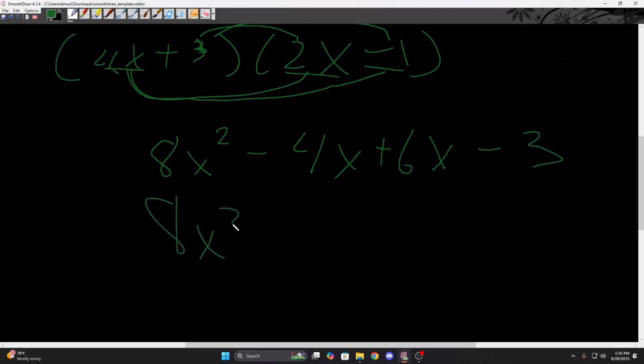You combine like terms, and let me just fix that too. You should get positive 8x squared plus 2x minus 3.